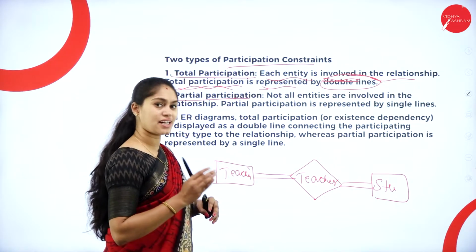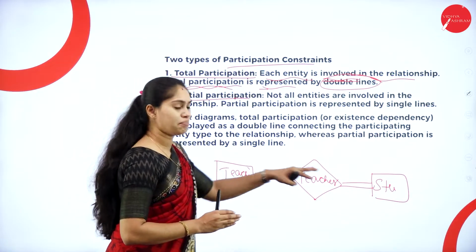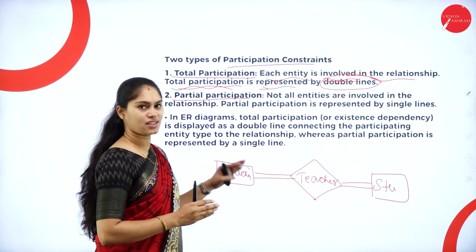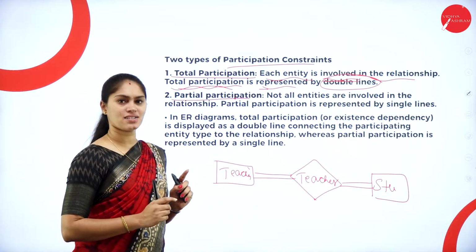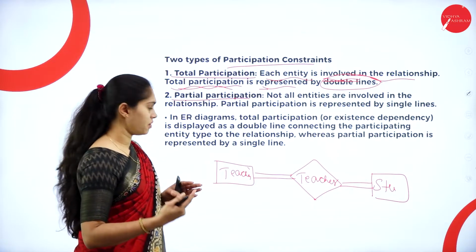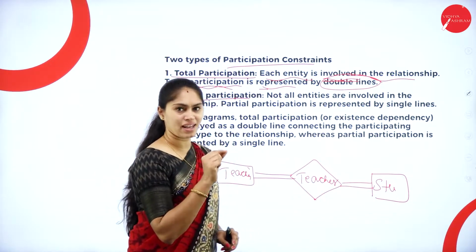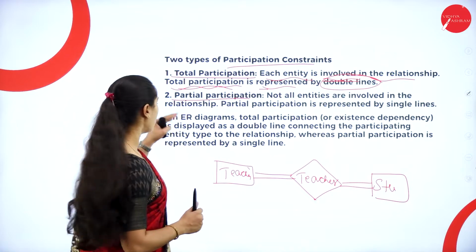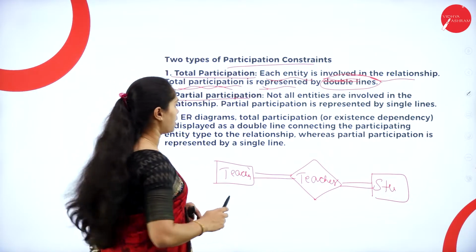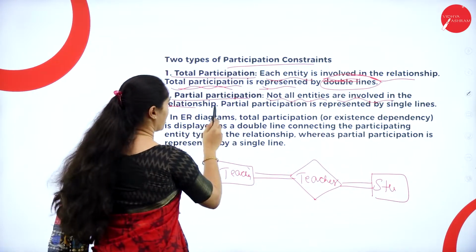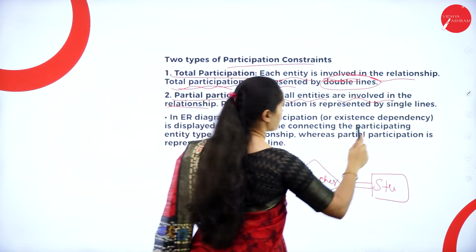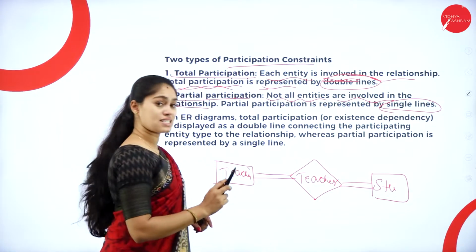So if any entity is completely participating in the relationship, we call that participation total participation, and it is represented with a double line instead of a single line. When it comes to partial participation, not all the entities are involved in the relationship. For that reason, we represent it with a single line.